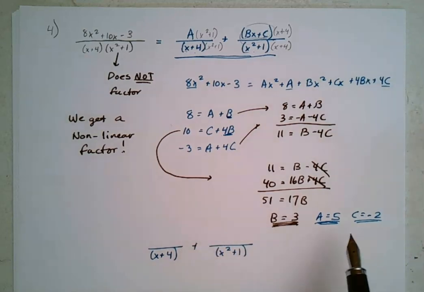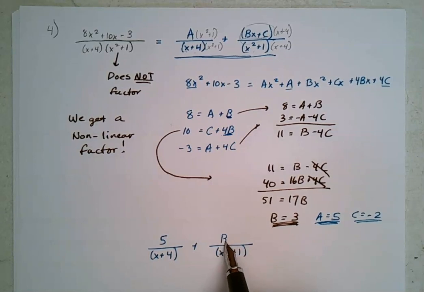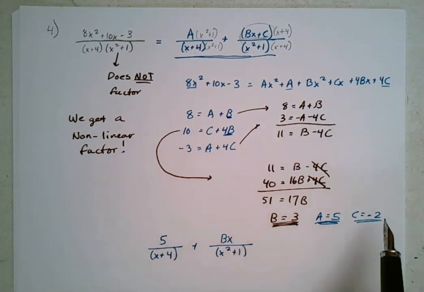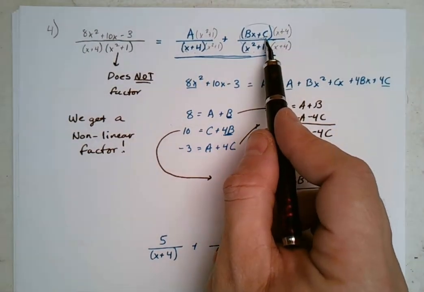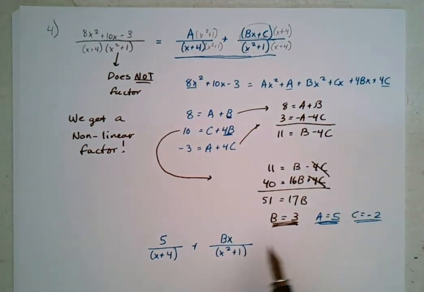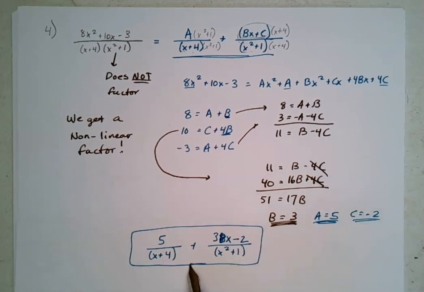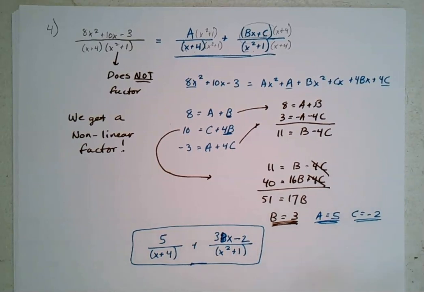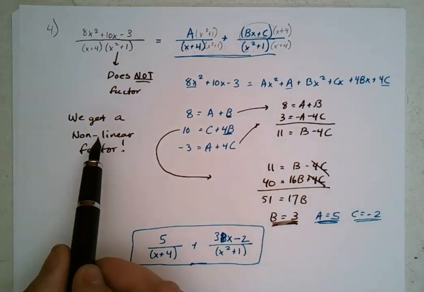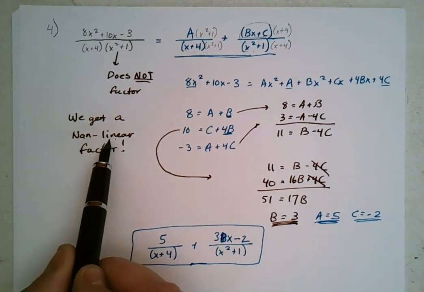And A is 5, and then Bx, and it says plus C, but plus a negative 2 is going to be the same as minus 2. Okay? Oh, I wrote B. That's why you don't do math in pen. 3x minus 2. 3x minus 2. Okay? That is the partial fraction decomposition for something that has non-linear factors.